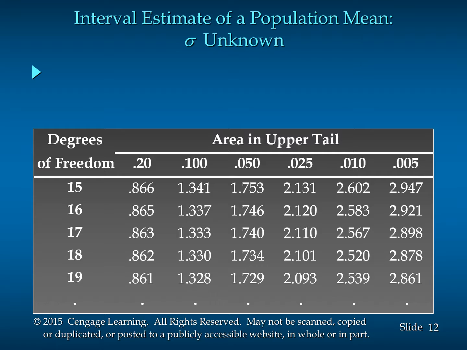If we assume a 95% confidence coefficient, then alpha equals 0.05 and alpha over 2 equals 0.025, which would be the area in the upper tail. Using this table, we see that the t value for 0.025 and 15 degrees of freedom is 2.131.